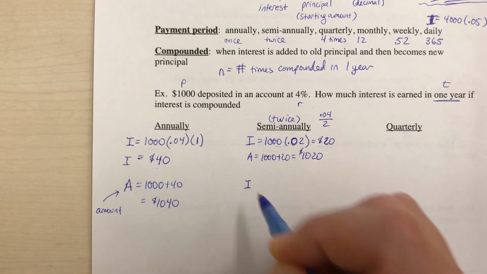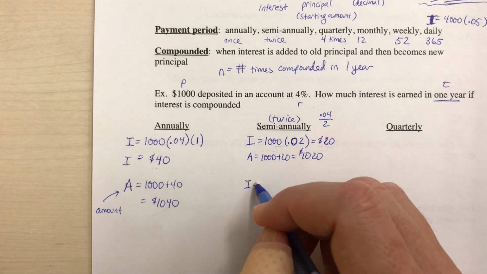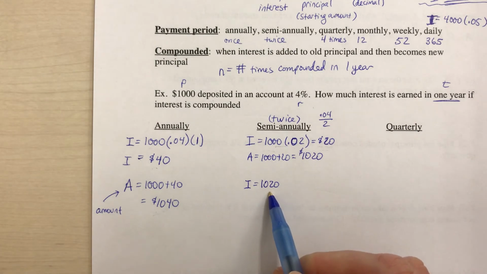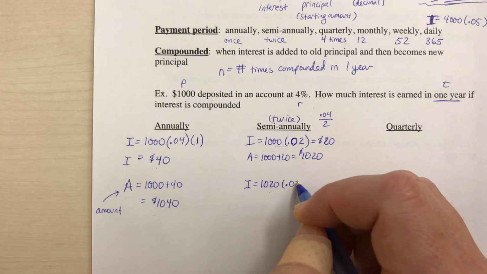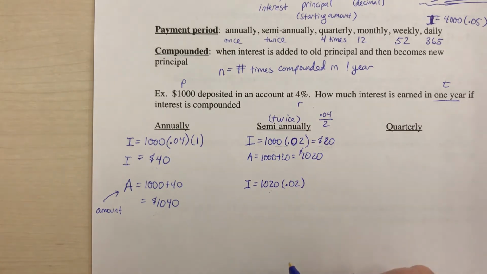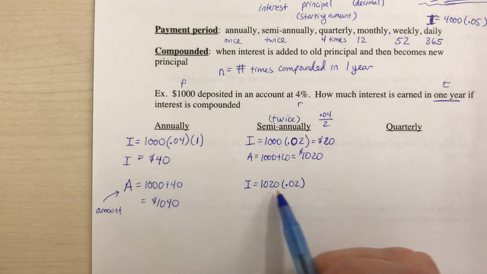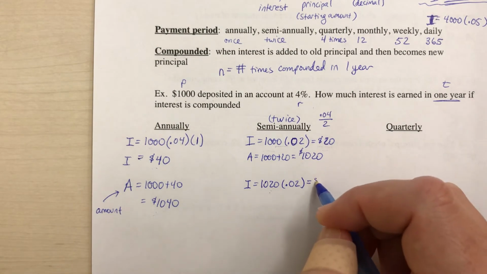So then we go another 6 months, and then we're going to calculate interest again. The difference is that our new principal is no longer 1,000, it's 1,020. Now remember, the interest rate was 4%, but we divided that into 2 pay periods, so that's 0.02. Now if we multiply that, we are not going to get $20.